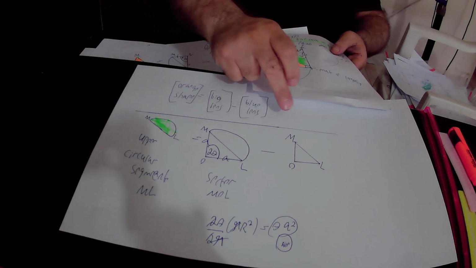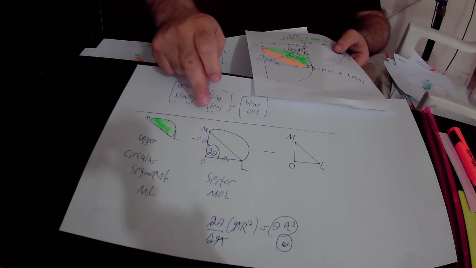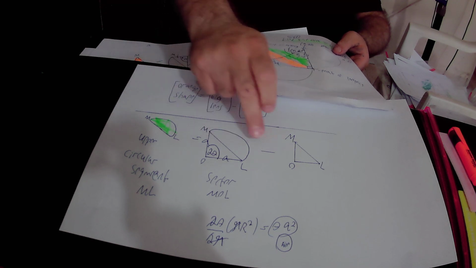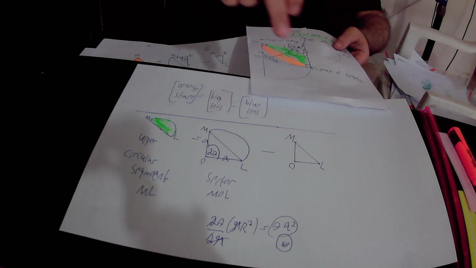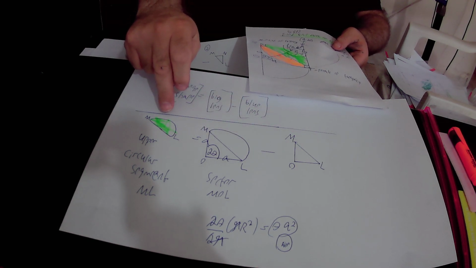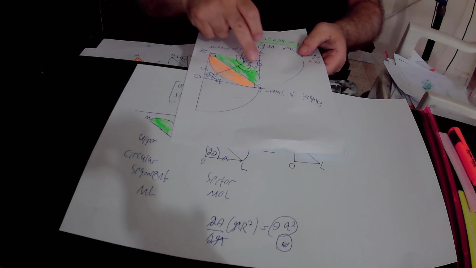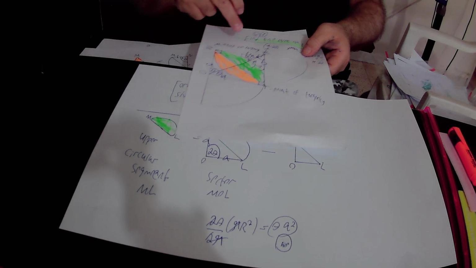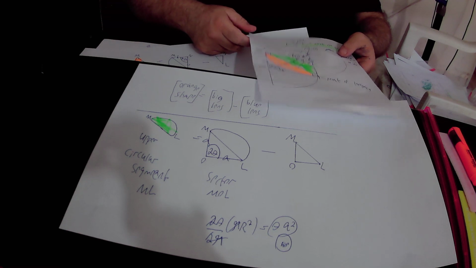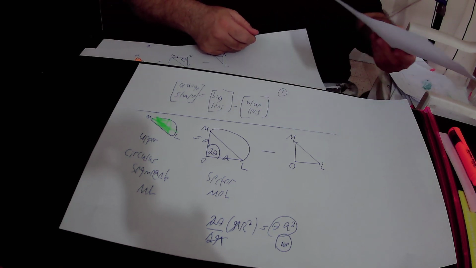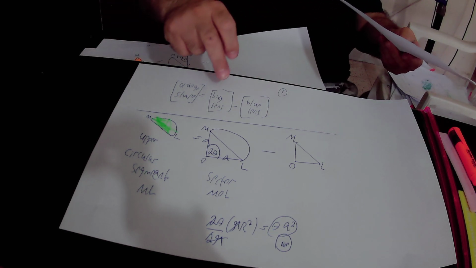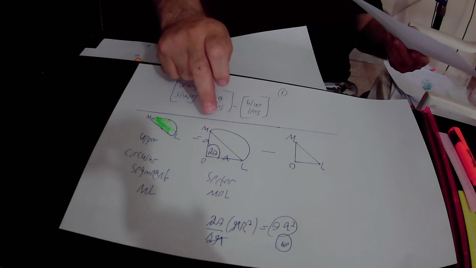It is very easy to see from the drawing that the area of sector MOL minus the area of triangle MOL will give us exactly the area of this circular segment ML. It is this area, the circular segment ML. Okay? And what is the area of sector MOL?